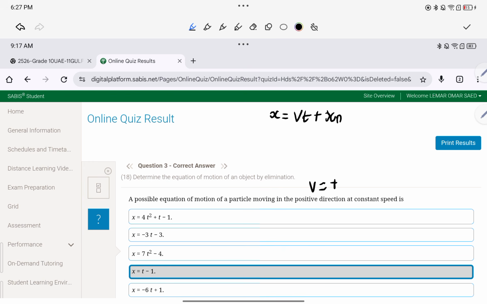So here the t is squared, so no. Here the v is negative, no. Here the t is also squared, so no. This is correct, because the t is not doubled or tripled, it's only one t, and here it's positive, it's 1, so there's no negative next to it, and this is negative, so this is wrong.